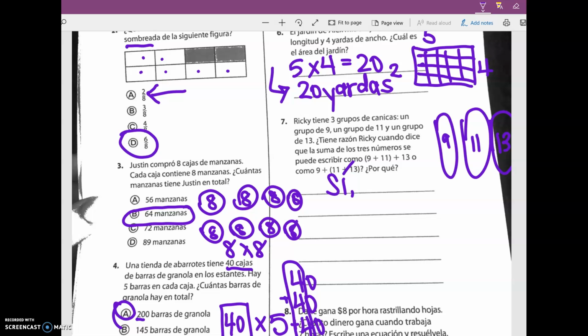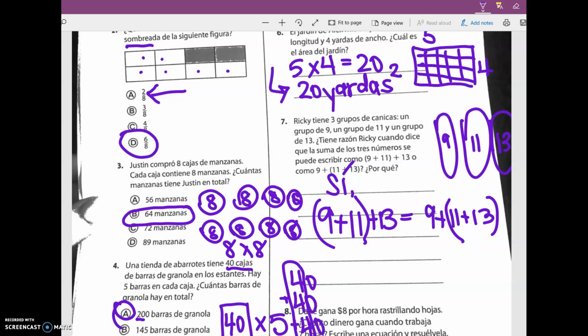Sí, podemos por la propiedad asociativa. Por ejemplo, 9 más 11 más 13 es igual a 9 más 11 más 13. Da igual si empiezas con 9 más 11 o 11 más 13. La suma aquí, la respuesta va a ser igual.